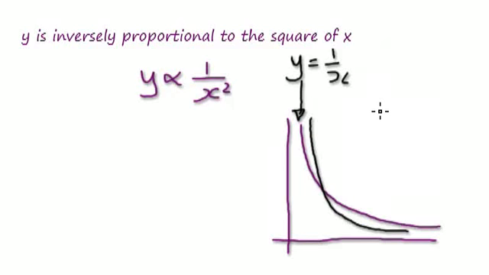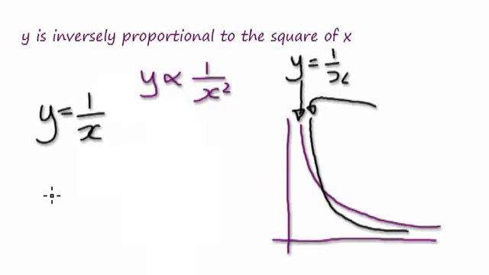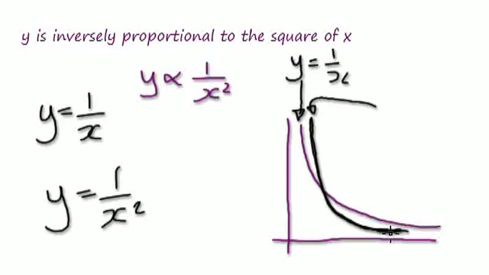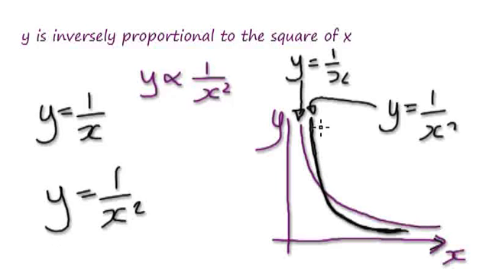If you get a graph plotter on the internet and try to plot y equals 1 over x and y equals 1 over x squared, you see, x squared gets smaller a lot faster. As x increases, this black line is y equals 1 over x squared. You see, it gets smaller a lot faster.